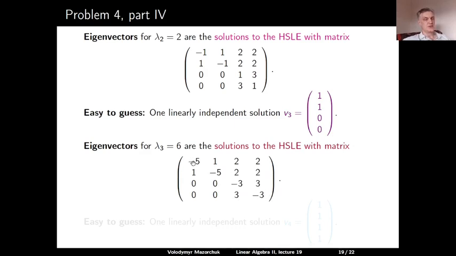And here one can observe that the sum of elements in each row is 0. Therefore, the vector (1, 1, 1, 1) is a solution to the system. Since we already know that the algebraic multiplicity is 1, this is a unique linearly independent solution.